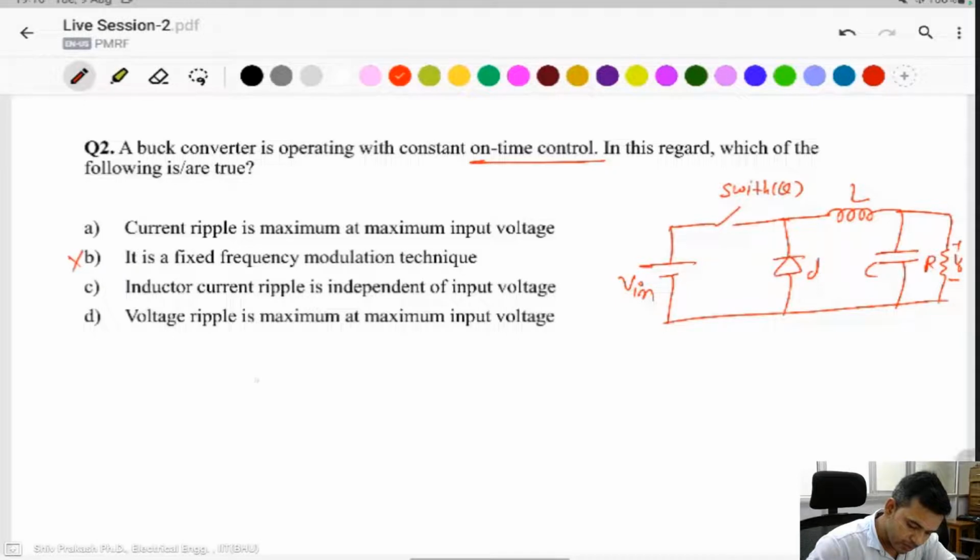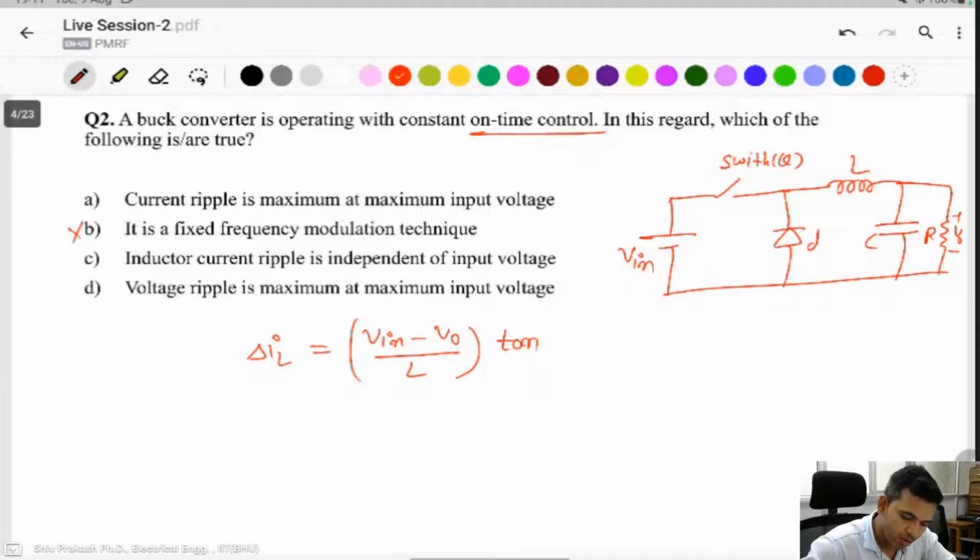The ripple current, you know about the ripple current, del IL. When you take it, you find (V in minus V naught) divided by L into T on. Here T on is given constant. If T on is constant, output voltage is also constant, and L by design is also constant.